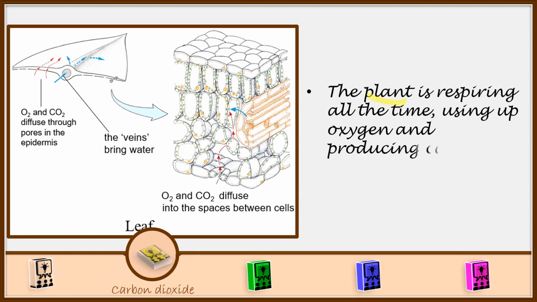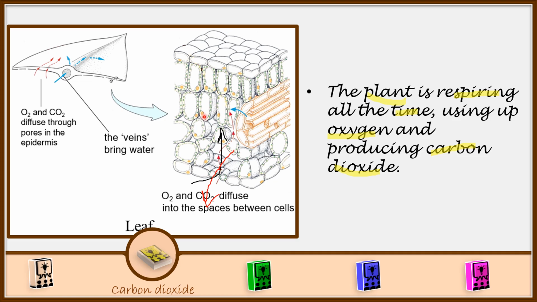The plants respire all the time, and they use up oxygen and produce carbon dioxide. So respiration is taking place all the time, and oxygen can diffuse in.